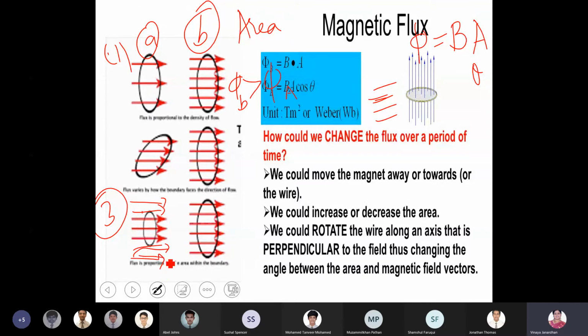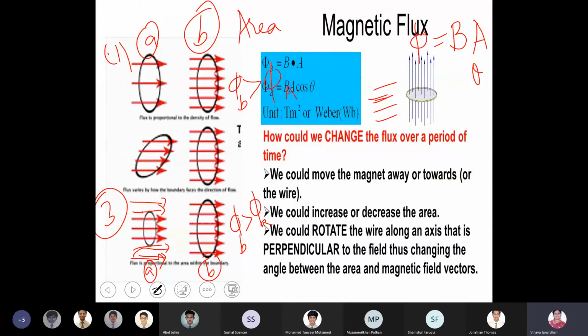Third one. I have two coils, A and B. In which of these loops is the number of field lines passing through the loop greater? B, right? In the third diagram, I have two loops, A and B. In loop B, the number of field lines passing through the loop is greater, which means your flux is greater in B compared to A. So this is what you should understand, boys.